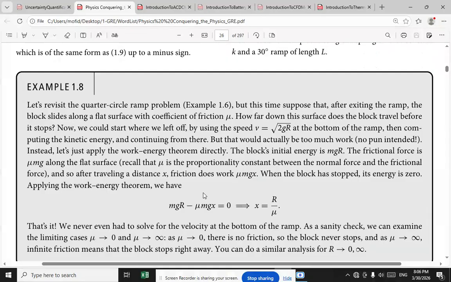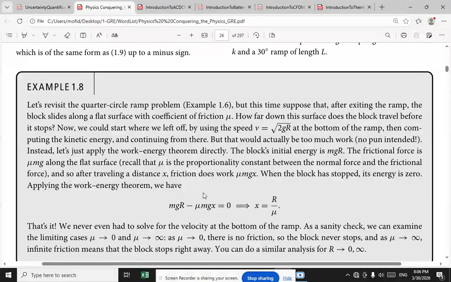Instead, let's just apply the work-energy theorem directly. The block's initial energy is mgr, and the frictional force is mu mg along the flat surface. Recall that mu is the proportionality constant between the normal force and the frictional force. After traveling a distance x, friction does work mu mgx.